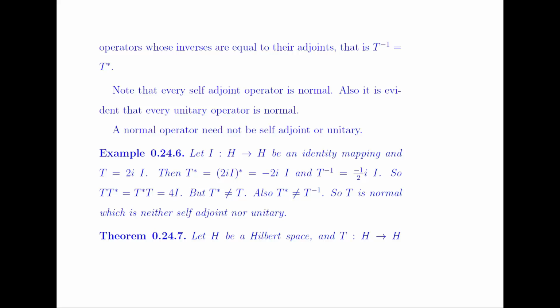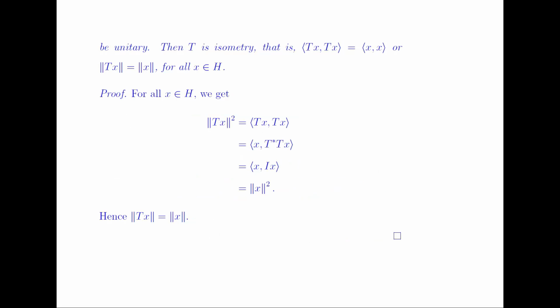Further, let H be a Hilbert space and T a mapping from H to H. If T is unitary, then T is an isometry. That is, the inner product of Tx and Tx is equal to the inner product of x comma x, or the norm of Tx is equal to the norm of x.